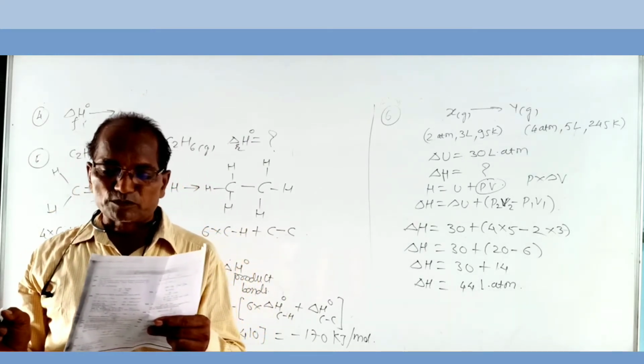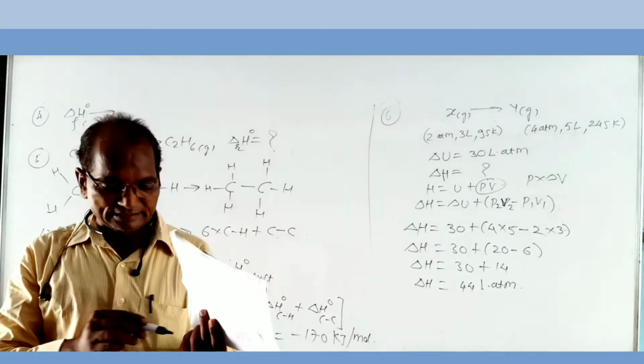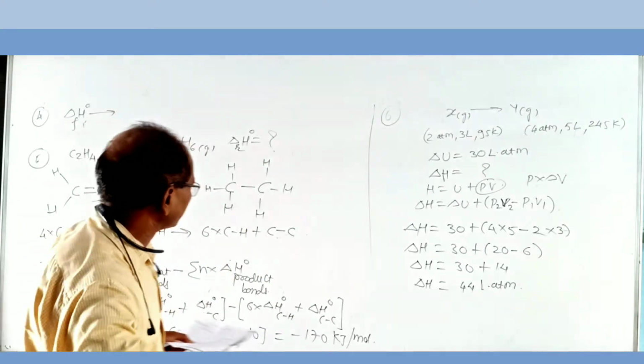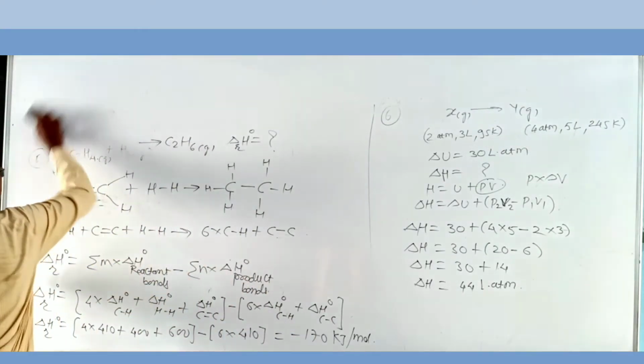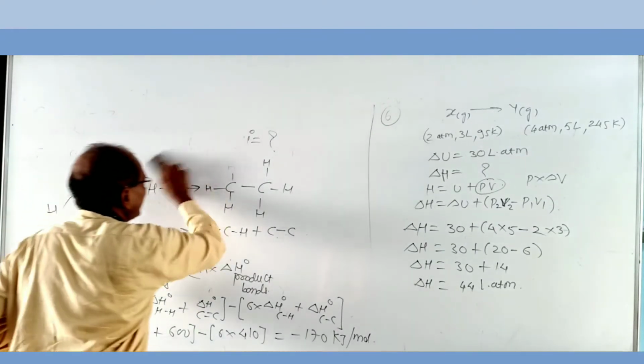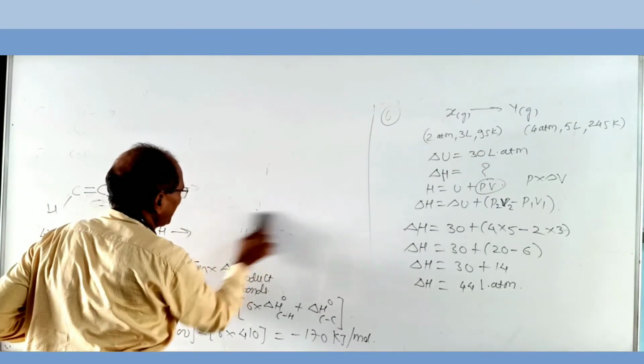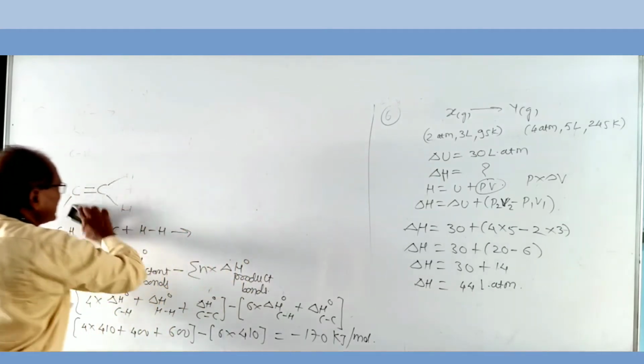Then 7 number. In which of the following entropy increases?